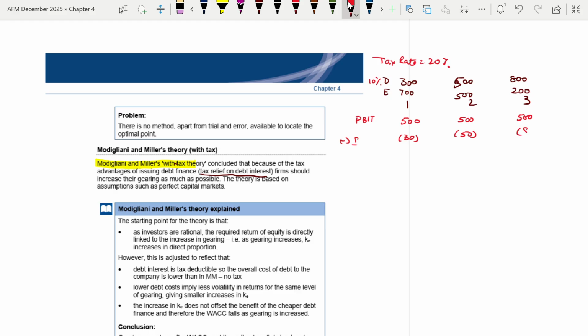Here 80. Then you will get profit before tax: here it is 470, 450 and 420. Then you pay tax at 20%: 94, 90, and 84. Check my calculations again.